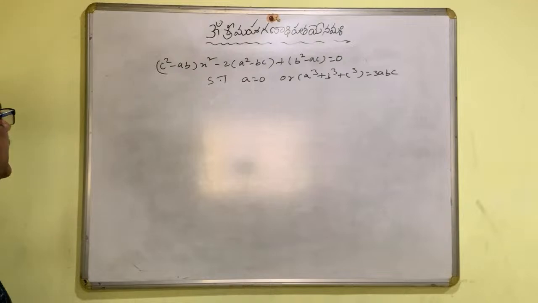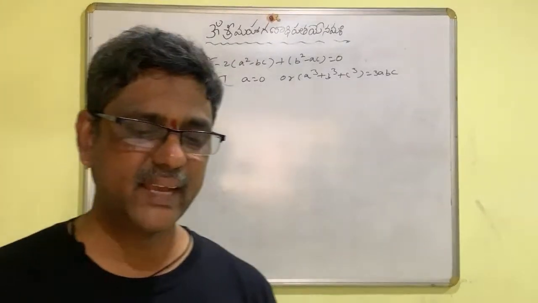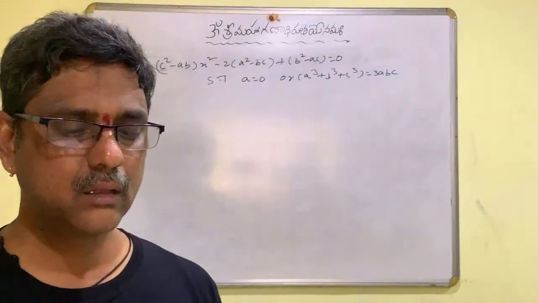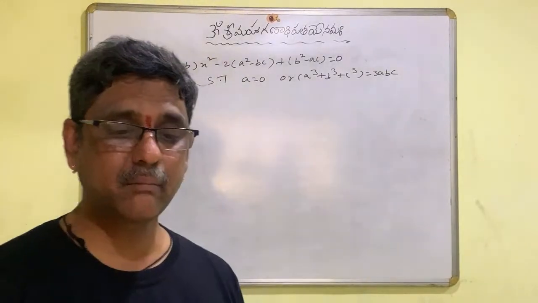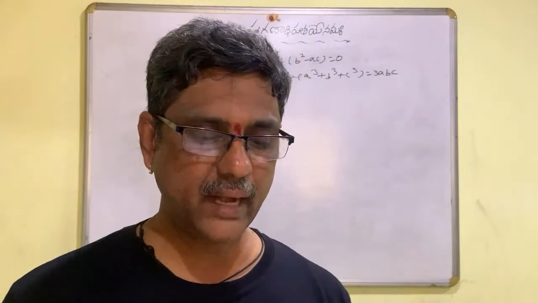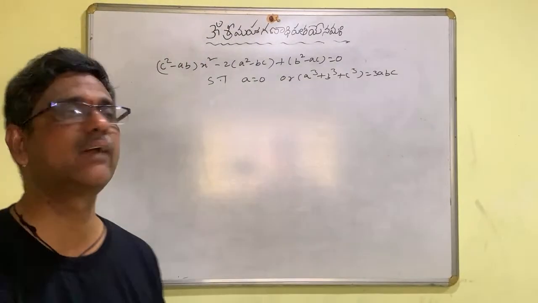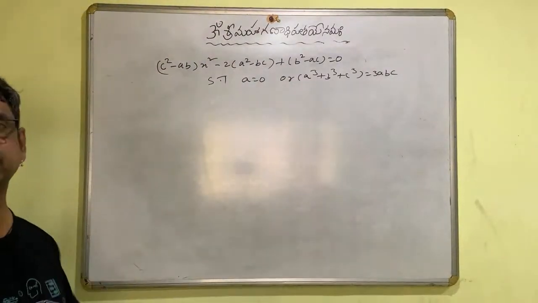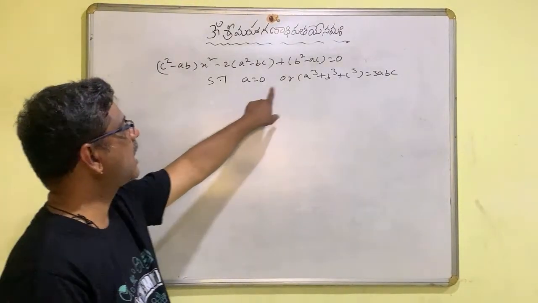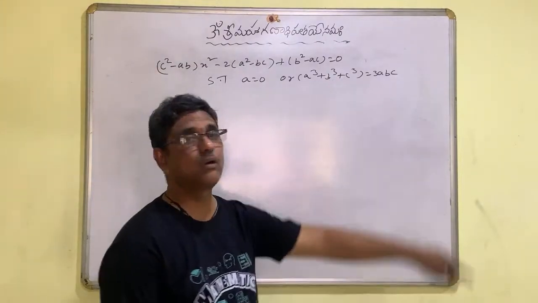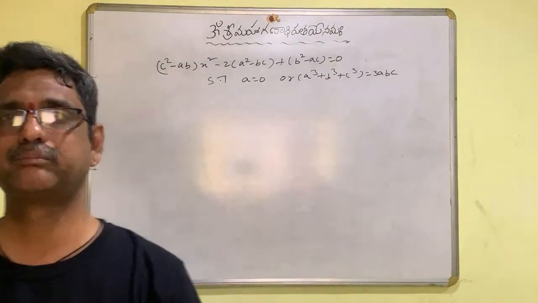The roots are real and equal for this equation, and we need to prove either a equal to 0 or a cube plus b cube plus c cube is equal to 3abc.